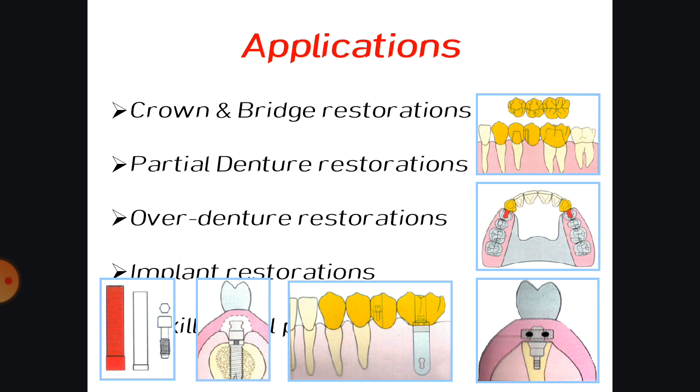Since we are talking about attachment retained denture, we will be looking at that aspect only. We will be covering overdenture restorations under a different topic. We won't club the attachment retained denture and overdentures together.